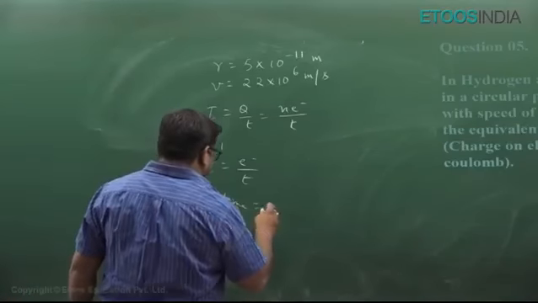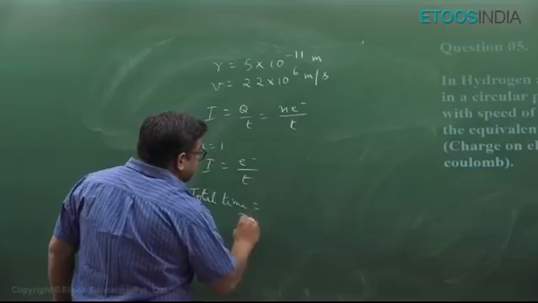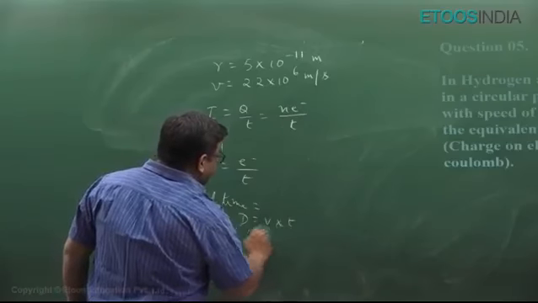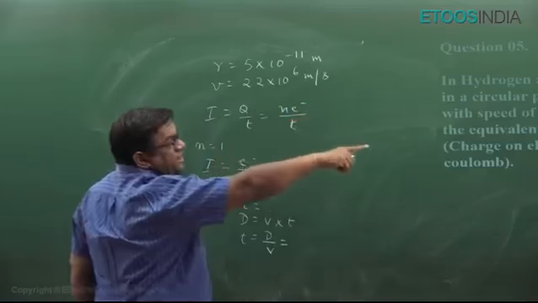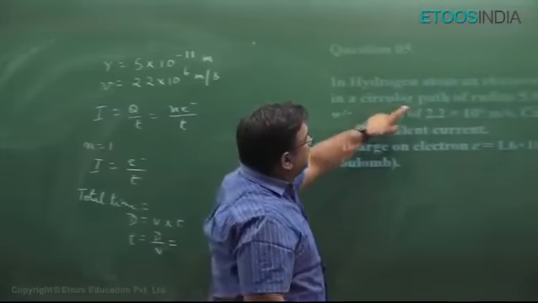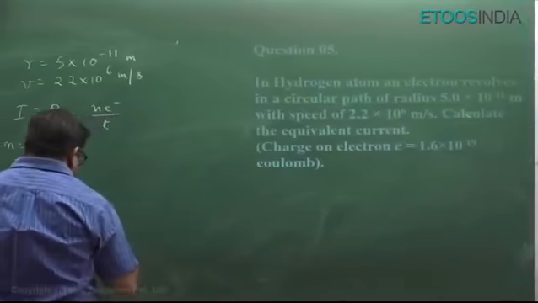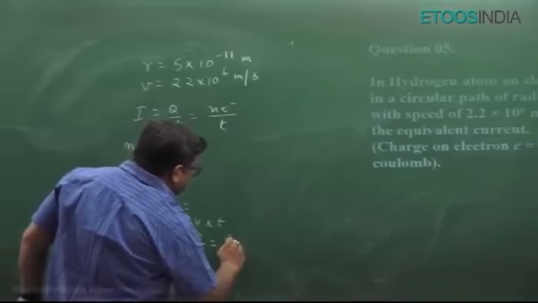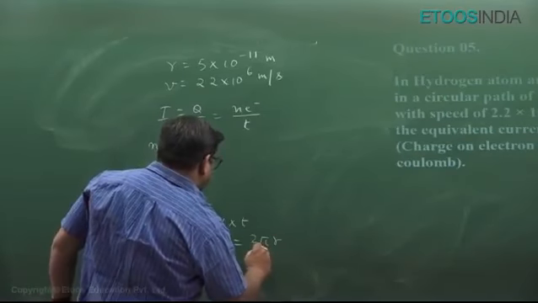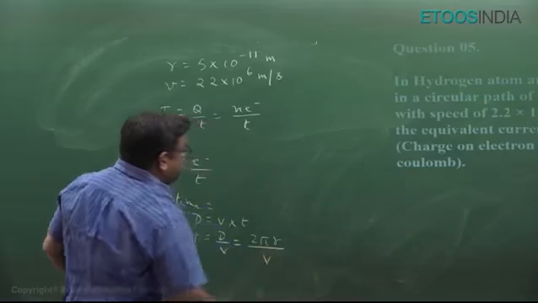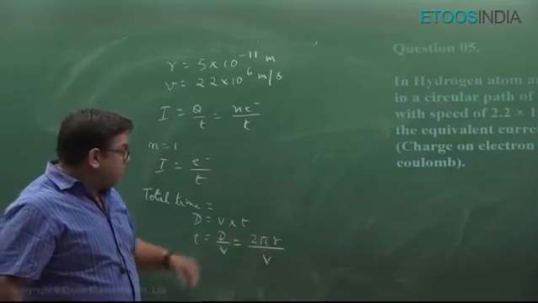We know that distance traveled is velocity into time, or time is equal to distance upon velocity. In this case, it is moving in a circular path. For a circular path, the total distance traveled is 2 pi r upon velocity. You can see it here, 2 pi r upon velocity.